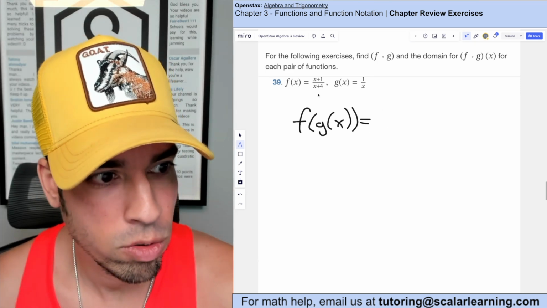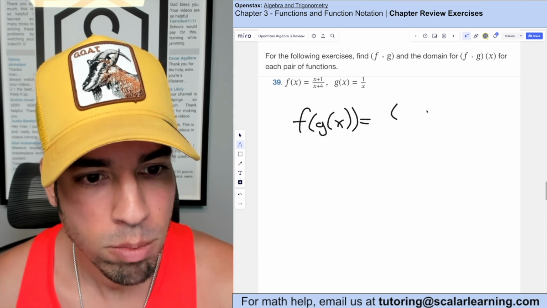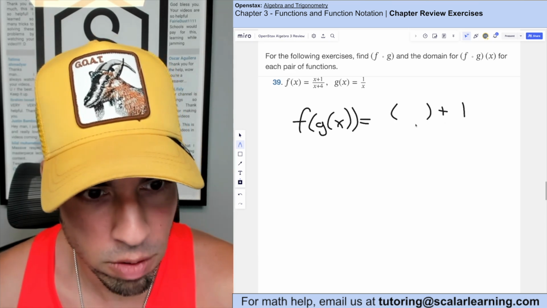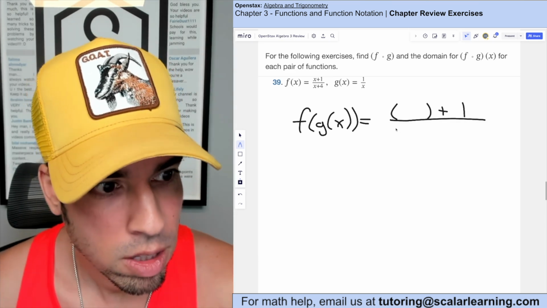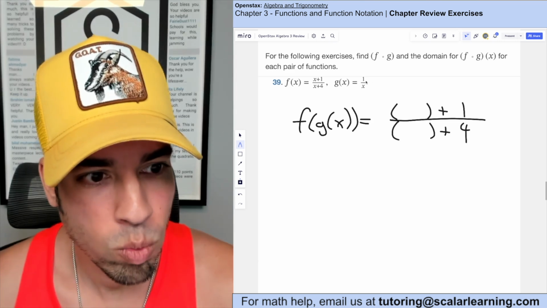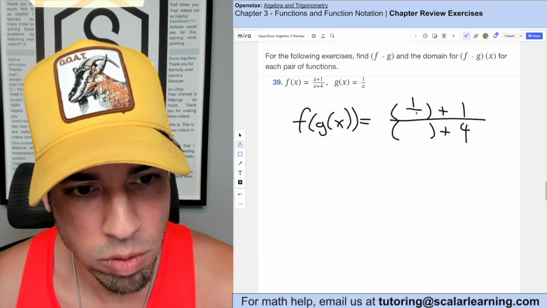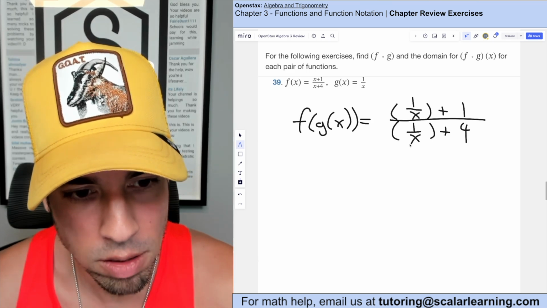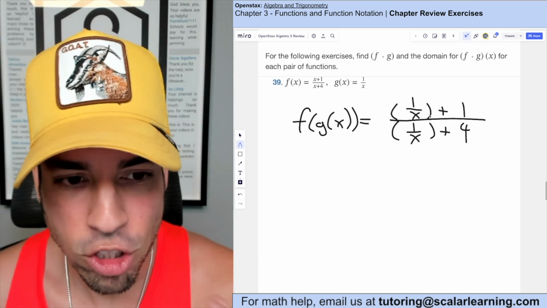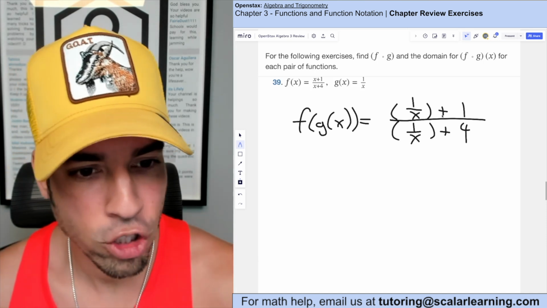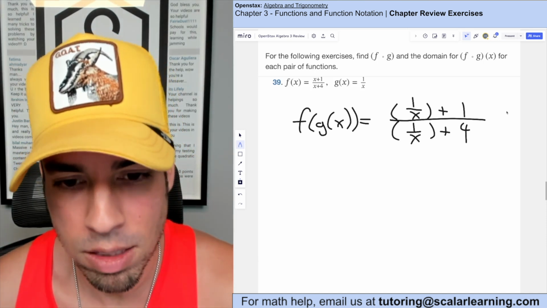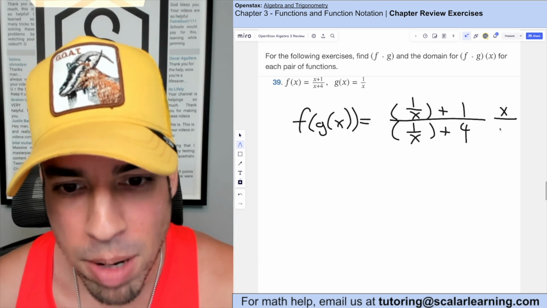So first, let's do that. Now again, we're going to start with parentheses as placeholders wherever x is for f of x, like so. And then I'm going to plug in 1 over x into each of those instances, because that's what g of x is. We got 1 over x and 1 over x. Now all we're going to do is simplify this just a little bit to get rid of this fraction in a fraction. I can do that pretty easily and pretty nicely by multiplying by x over x.